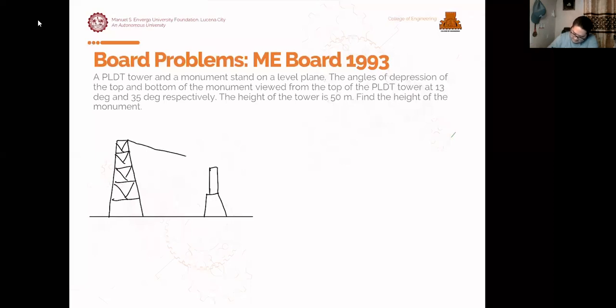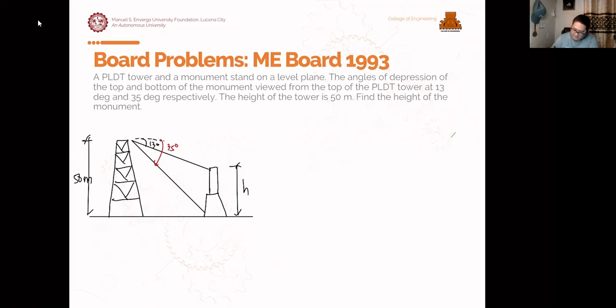So ito yung sa top. Ito yung top. Ito yung bottom. Okay, so ito yung line of sight natin. Given daw siya as 13 degrees and then yung isa is 35 degrees. Okay? The height of the tower is 50 meters. So given to 50 meters, find the height of the monument. So height ito.